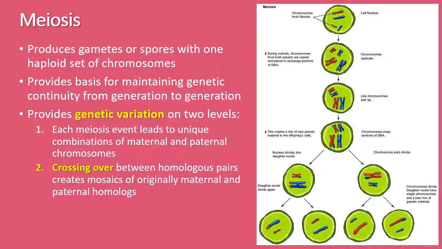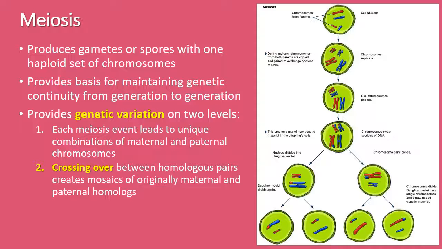Another big part of meiosis is that it provides genetic variation. Every time you have meiosis, the way the chromosomes line up during metaphase is completely random. You've got a 50-50 shot as to whether it's going to be a maternal chromosome or a paternal chromosome homolog traveling to either of the poles. So you get shuffling on that level.